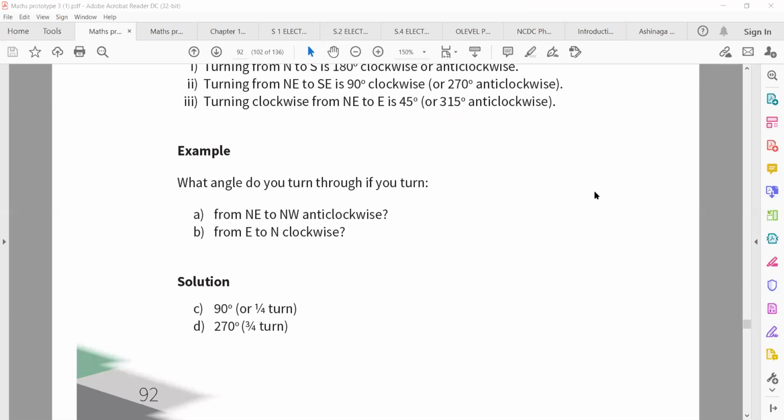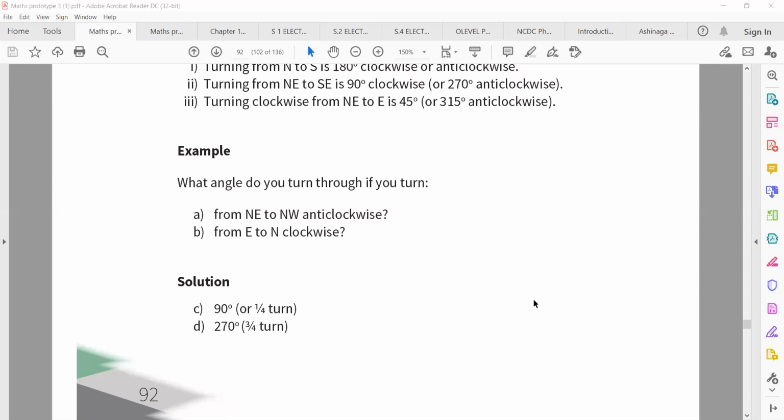And then when we are turning from the northeast to the southeast in the anti-clockwise direction, which angle do we expect to obtain? Northeast to southeast, anti-clockwise. I see Eunice. Eunice, give us the answer. 180 degrees.